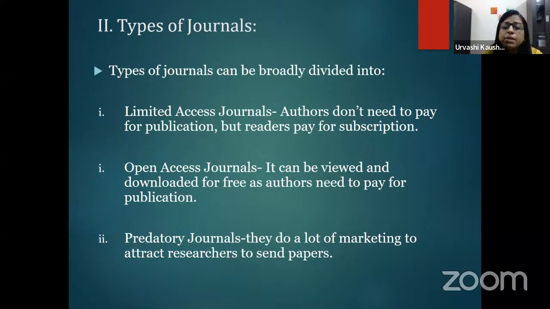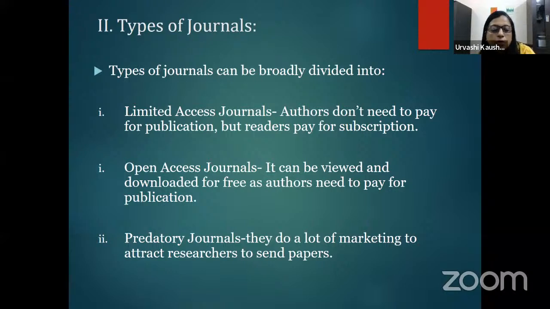Now, the second type is the open access journal. It can be viewed and downloaded for free, as authors need to pay for publication. In the open access journal, the author generally pays. So we as authors, sometimes it's so hefty a charge that we feel we cannot pay, especially if you are talking about journals published in the UK.